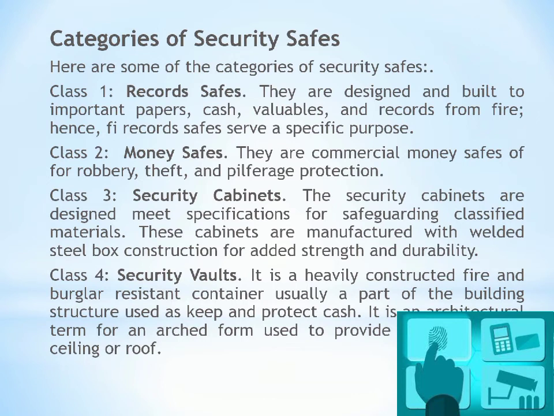They are commercial money safes for robbery, theft, and burglary protection. Class number 3, security cabinets. The security cabinets are designed to meet specifications for safeguarding classified materials. These cabinets are manufactured with welded steel box construction for added strength and durability.